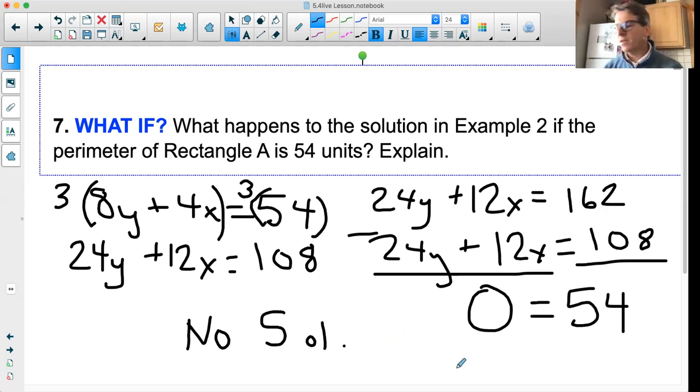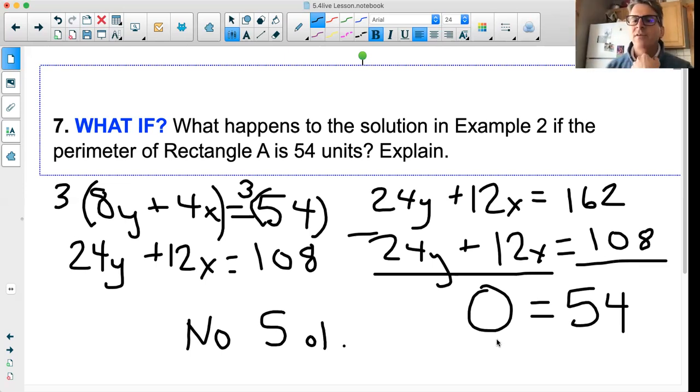All right, so what do we conclude here? We have infinitely many solutions and no solutions to look out for now in solving systems of linear equations. We know that we can come up with one solution. We've done that by substitution, through elimination, and through graphing. Now we're looking at no solutions and infinitely many solutions.